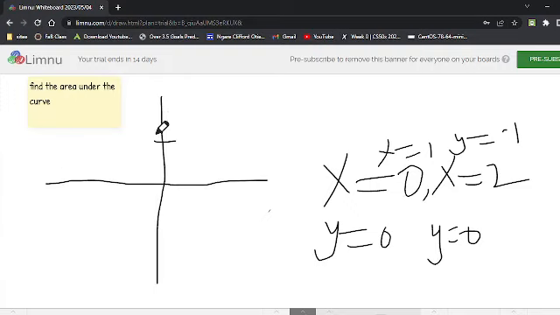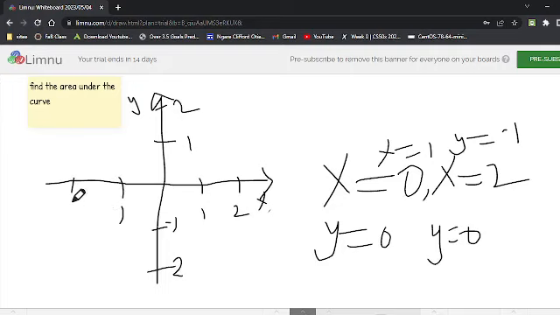This is the y-axis and this is the x-axis, with 1, 2 and negative 1, negative 2 marked on the axes.